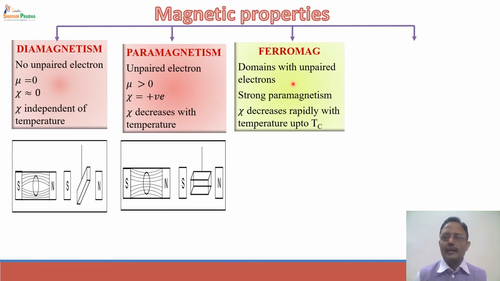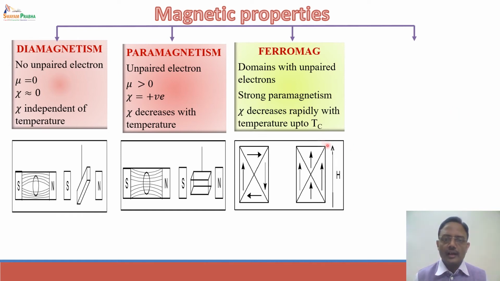So in a ferromagnetic substance there are certain regions like this, and in each region all the electrons, or their magnetic moments, are aligned in one direction. When we apply an external magnetic field, the complete domain tries to align itself rapidly in the direction of the magnetic field, and as a result this shows a very strong paramagnetism called ferromagnetism.